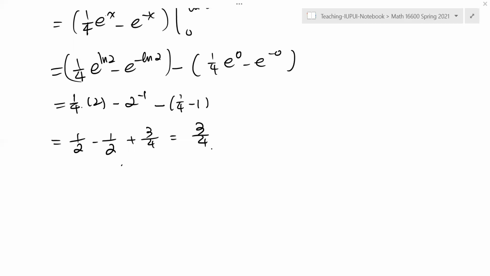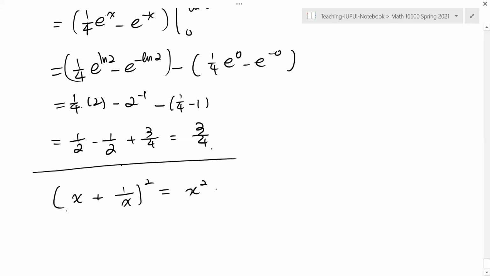In mathematics, there is an interesting formula. When you have x plus or minus 1 over x, squared, that'll be x squared plus 1 over x squared, and then plus or minus 2.